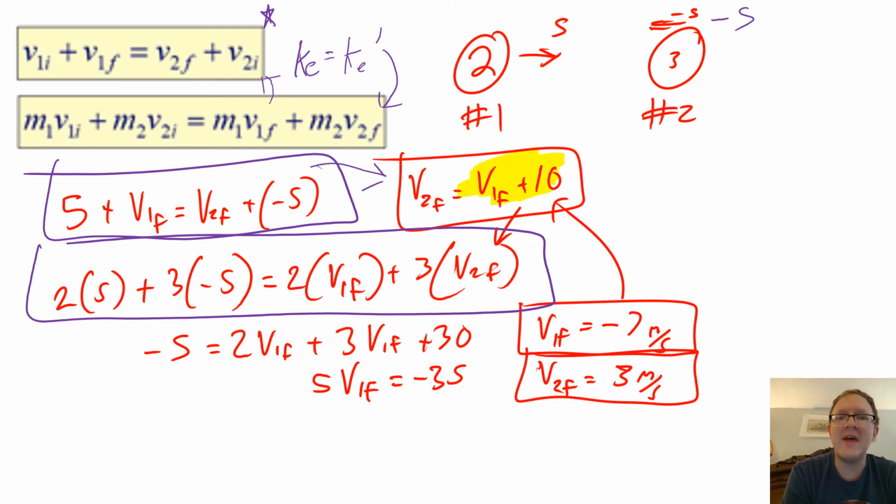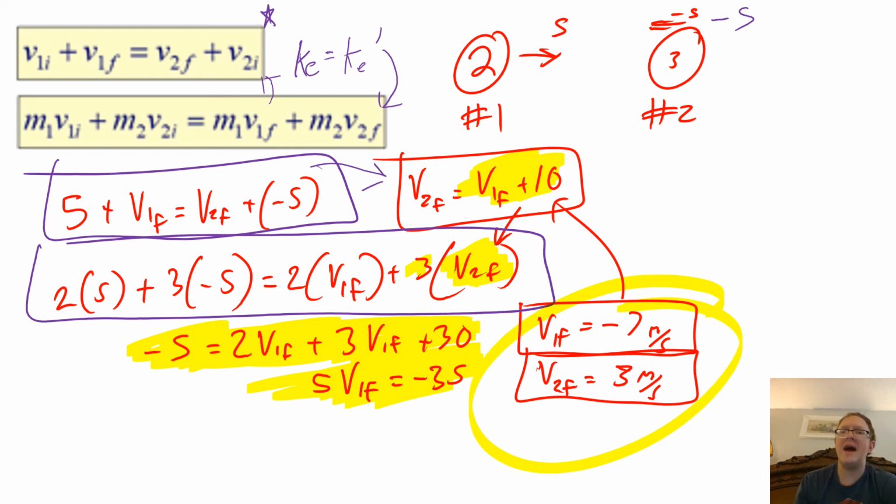I'm plugging in that right here. And then I have to distribute the 3, and I end up with something that looks like this, which is totally solvable. It only has 1 unknown, and I can get that the velocities of the objects are -7 and 3. I used an inelastic collision simulator to come up with this problem, so I can check the answer, and yep, the answer is -7 and 3.